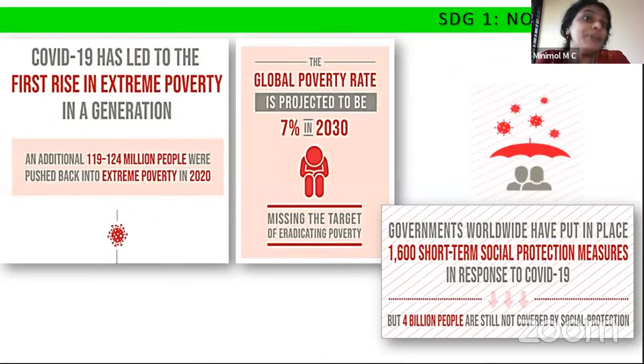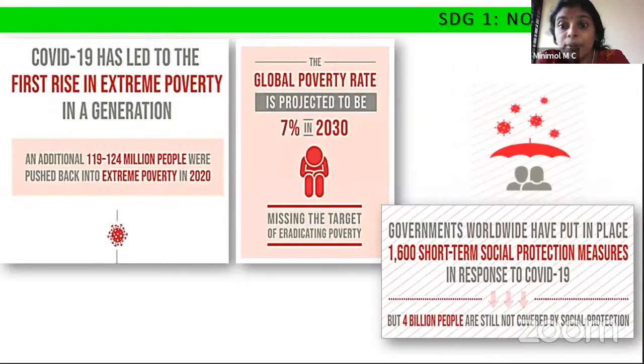You know, COVID-19 has led to the first rise in extreme poverty in a generation. We are now facing that. An additional 119 to 124 million people were pushed back into extreme poverty in 2020. And the global poverty rate is projected to be 7% in 2030. So no doubt, we are missing the target of eradicating poverty.